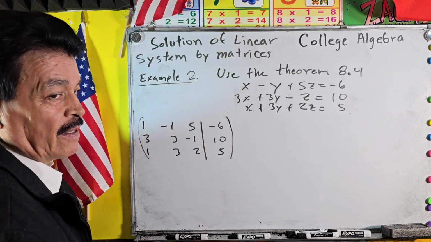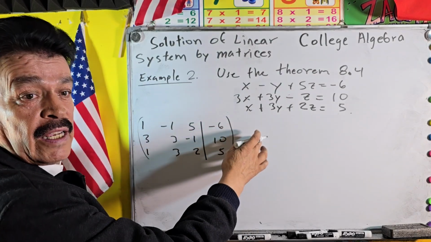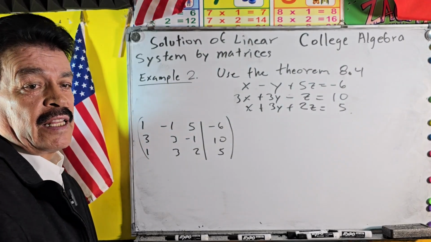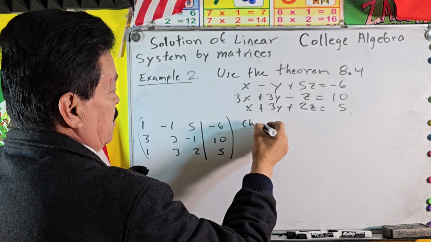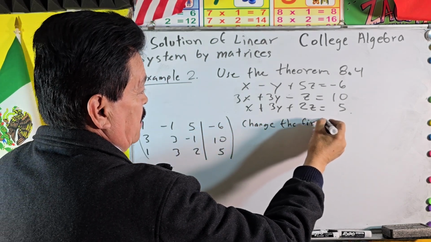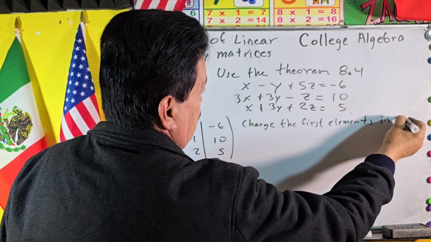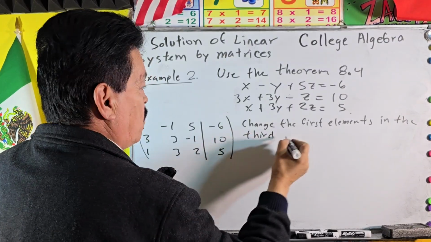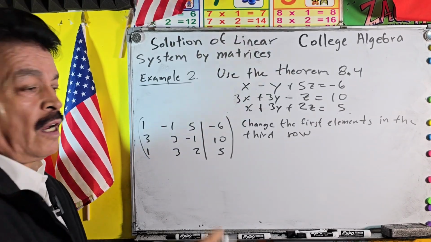So we have it right there, right? Here we have to change the first element in the third row to 0.